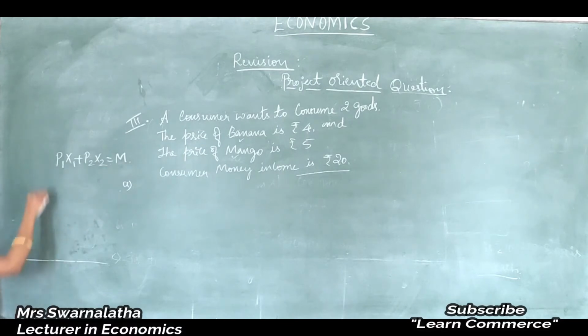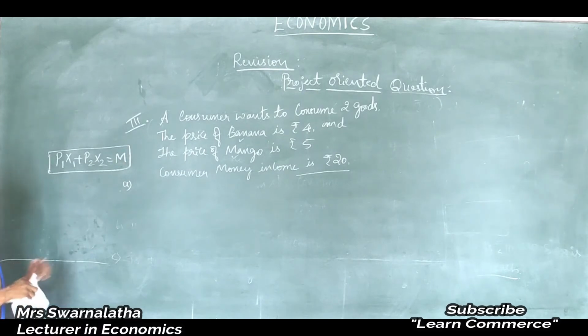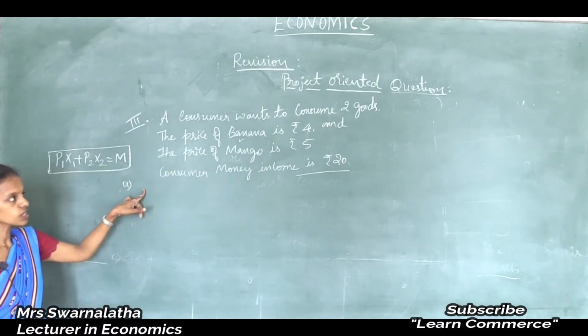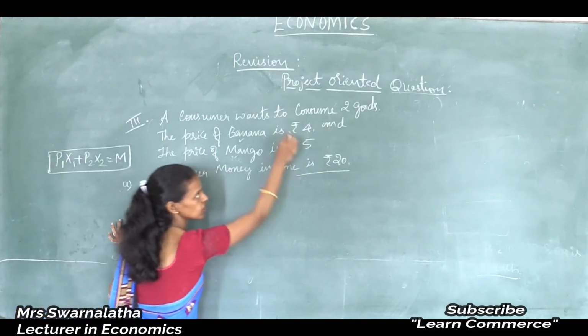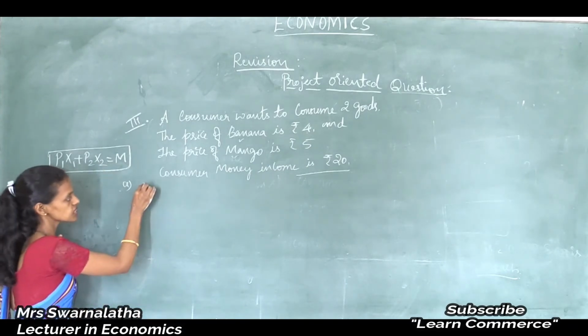So it is the equation. If the price of banana is rupees 4, how much banana can she consume if she spent 20 rupees on bananas?